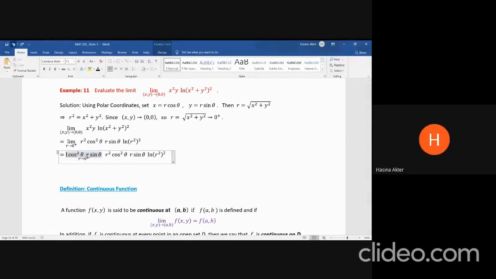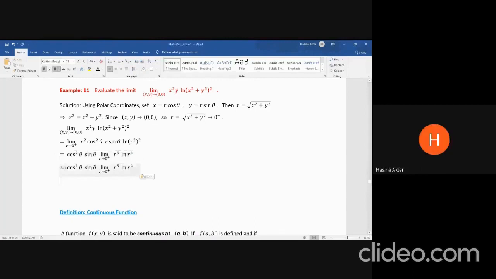Wait a minute, I didn't copy it properly, so let me copy it again. Okay, there you go. The cosine squared theta and sine theta, there you go. And then we have r cubed, and over 4r cubed you have r to the power 4. Okay. So in the next line, let's take the 4 out.